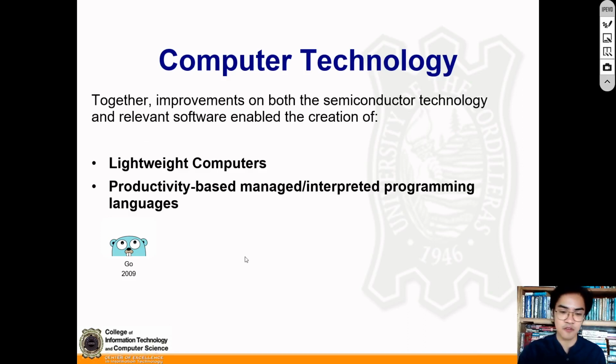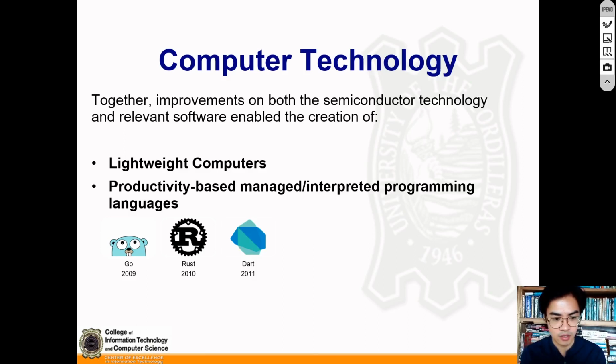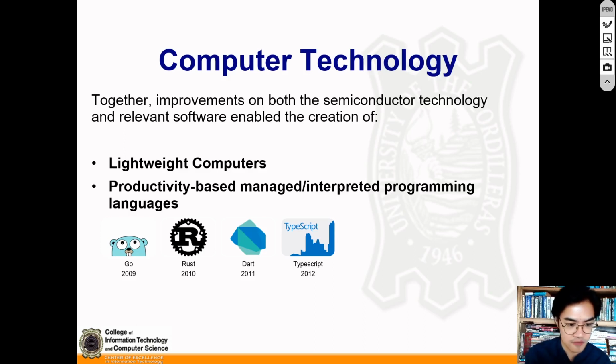Aside from Go, we also have Rust, which is a language specifically developed by Mozilla for their browser, and then Dart, which was created by, who was it again? Google, right? So Google developed Dart for their back-end website applications. Specific languages already. TypeScript is developed by Microsoft as an improvement to JavaScript.